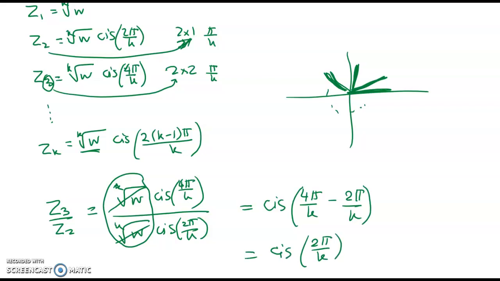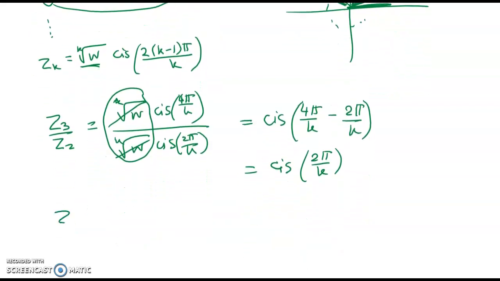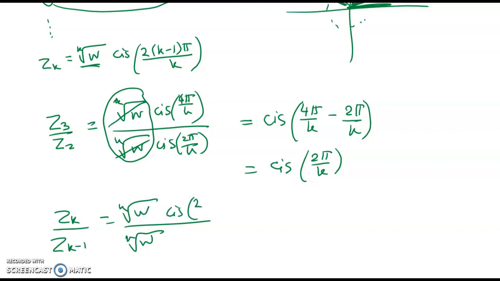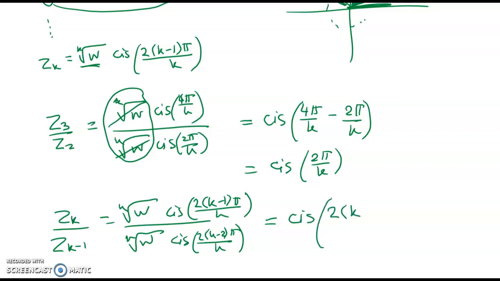Now we can do the same thing all the way through, and if we do the kth term divided by the k minus 1 term, we'd get 2 times k minus 1 pi over k here, and here we would have 2 times k minus 2 pi over k, and that again is going to simplify to give me cis of 2 k minus 1 minus 2 times k minus 2 over k pi.